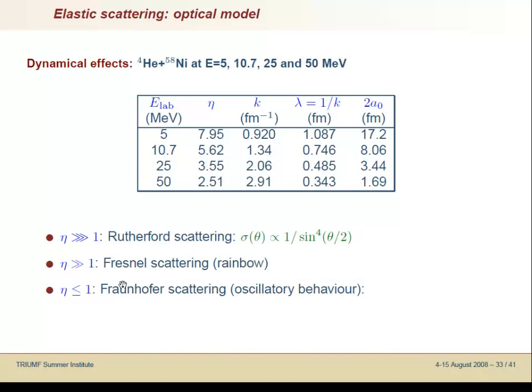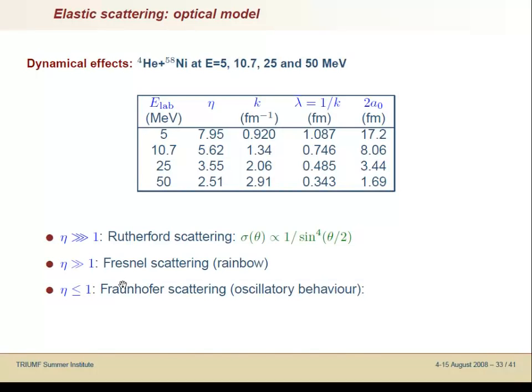So classically, with a zero impact parameter, this is a head-on collision. In a quantum mechanical approach, this would correspond to the total orbital angular momentum equal to 0. This is typically useful in classical or semi-classical approaches when we can define a turning point.